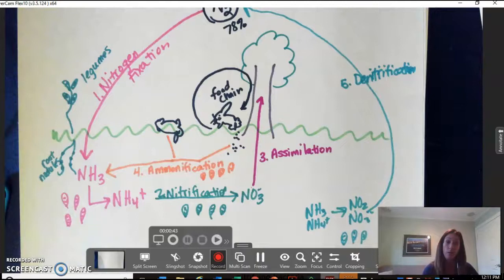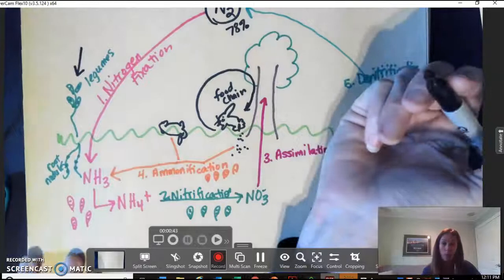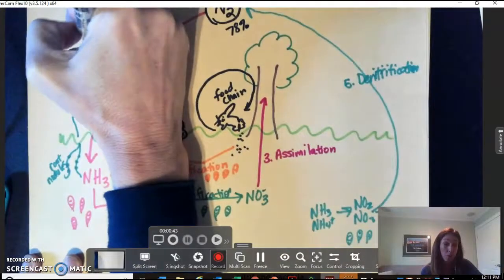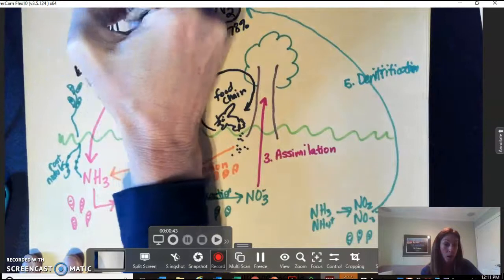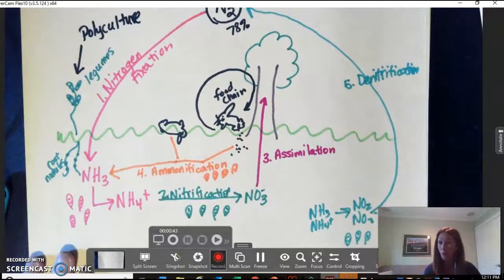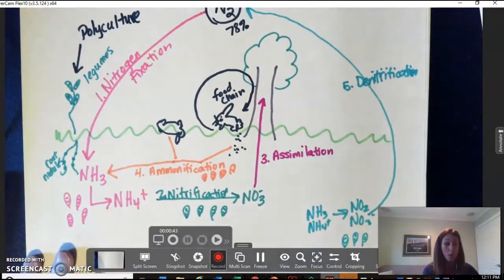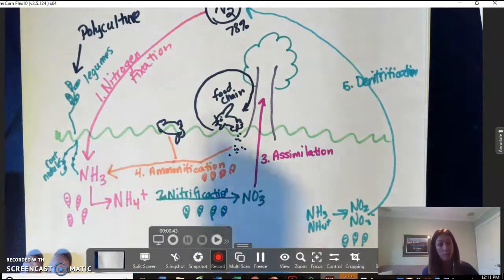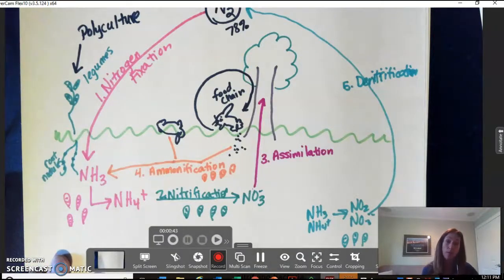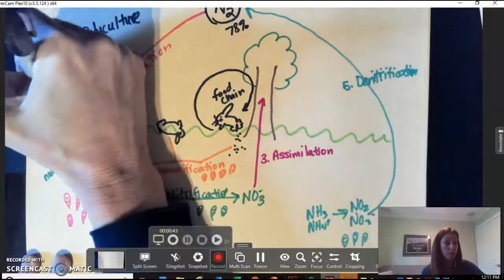So one big human impact that we have is we plant legumes. Okay, so farmers might practice in particular something like polyculture, because if you plant legumes in with, say, corn, which is notorious for taking a lot of nitrogen out of the soils, and maybe plant it with some soybeans, the soybeans will actually be putting nitrogen into the soils right next to something that might take nitrogen out. Now, another thing that we might do is we might put fertilizer on there.